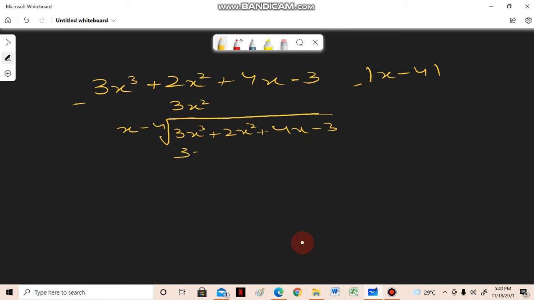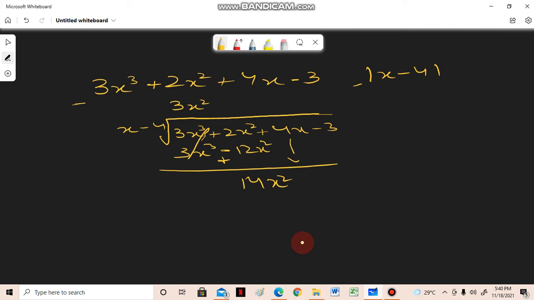So we will write 3x cubed, and minus 4 multiplied by plus 3x square is minus 12x square, right? So this will cancel and this will become positive sign, so plus plus is plus, and 12 plus 2 is 14x square, and the sign will be of positive.